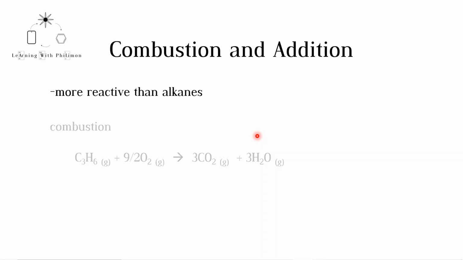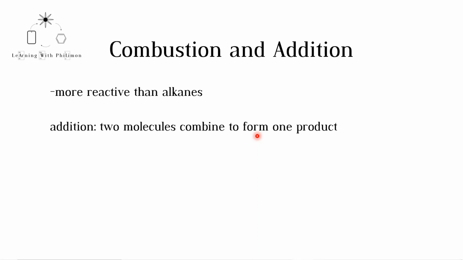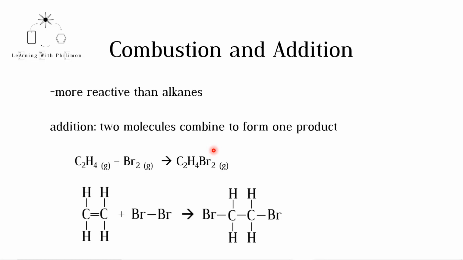Alkenes also undergo addition reactions. In addition reactions, 2 molecules react to form one product. For example, ethene reacts with bromine gas, or aqueous bromine, to form dibromoethane, C2H4Br2. As can be seen in the structural formulae, the double bond between the carbon atoms breaks.